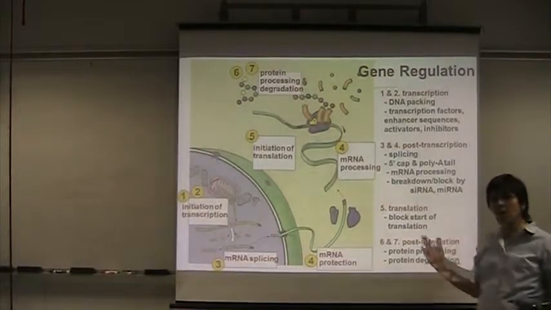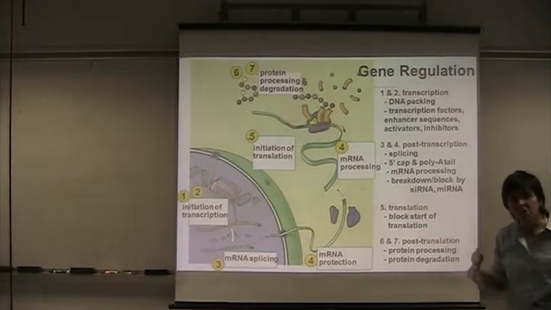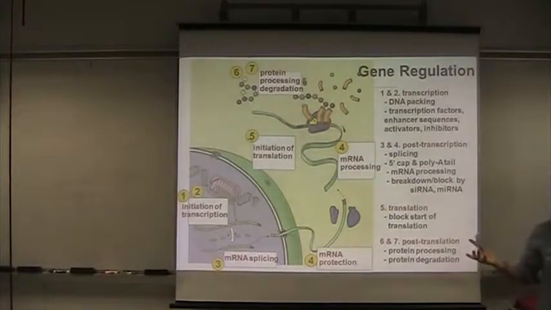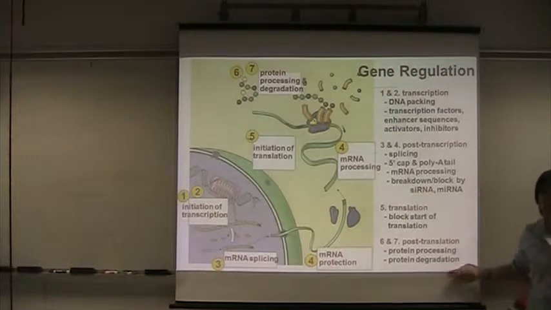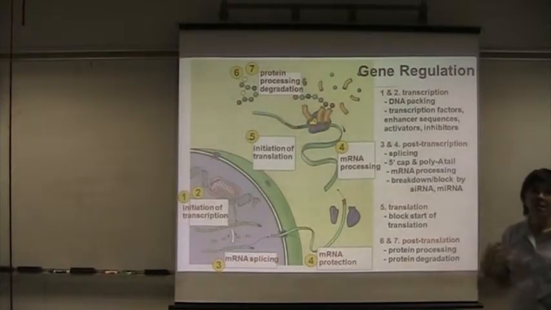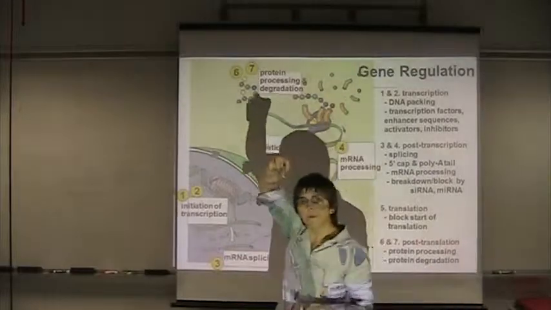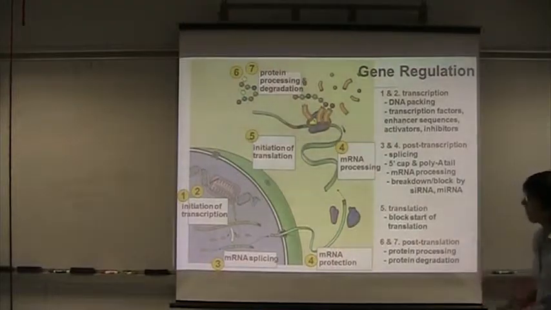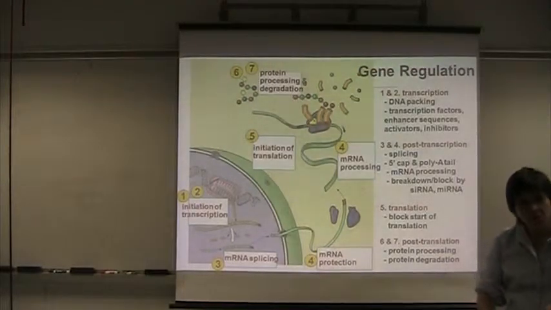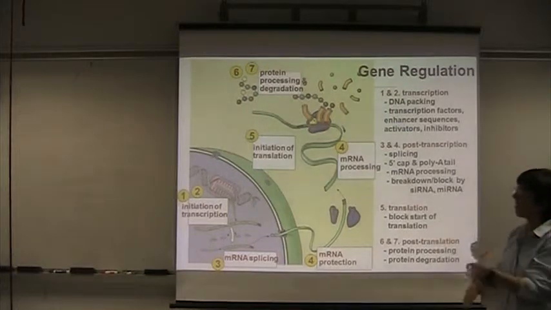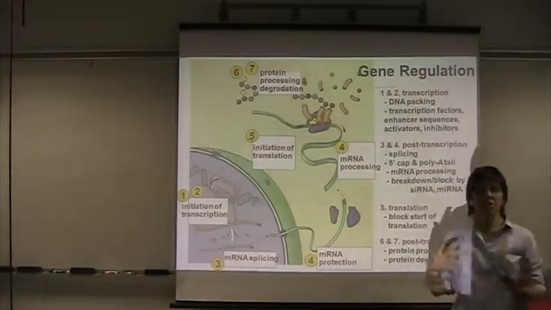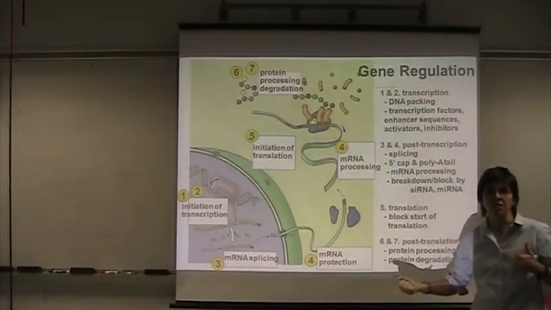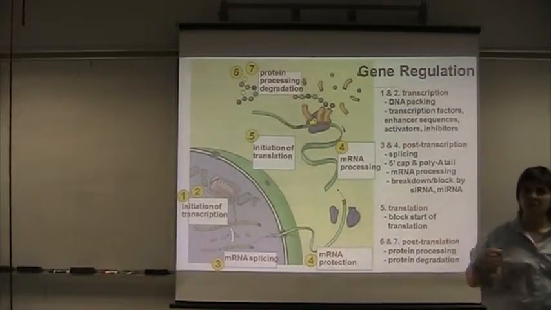Or, if everything goes well, you get to use the protein, but sometimes, or most of the time actually, you don't need to have a protein around forever, so we are going to end up with protein degradation that is accomplished by ubiquitin tagging the protein, and then the big proteasome destroying the protein. So, I hope none of this is really new to you. You knew most of the components, but this puts the whole picture together of all the many things that can happen that can turn your genes on or maintain them on or turn your genes off.